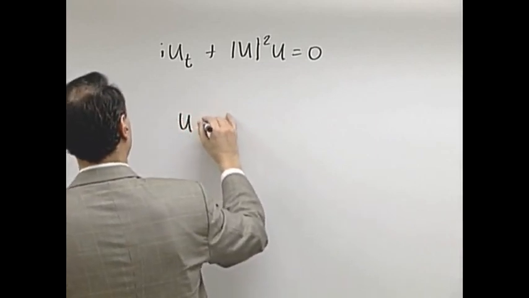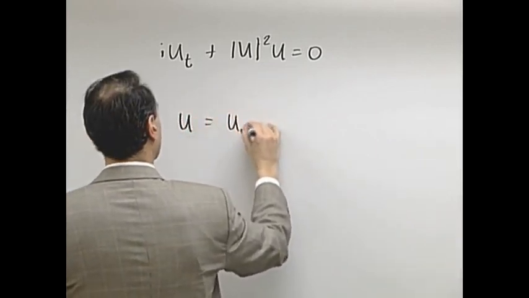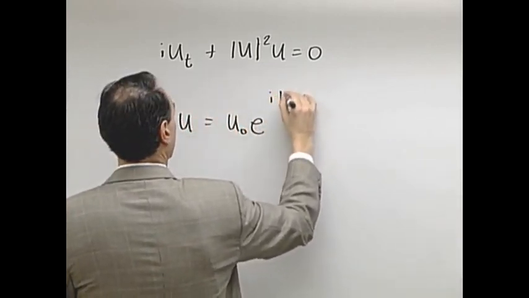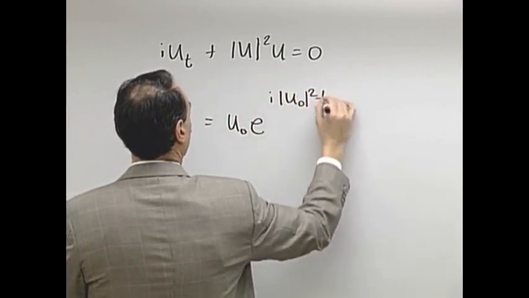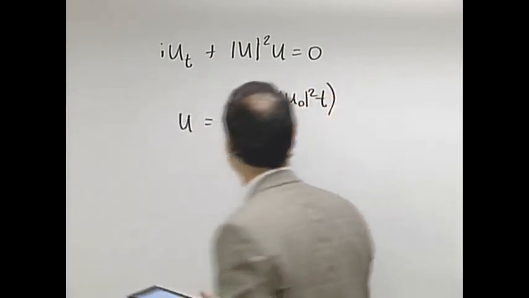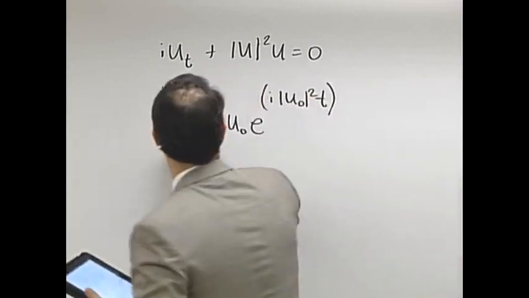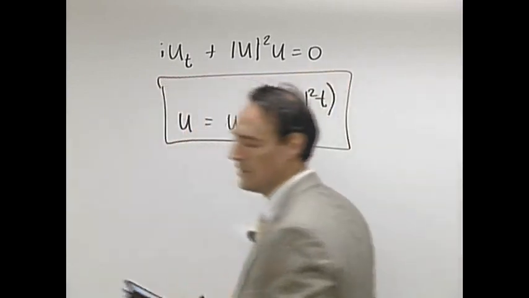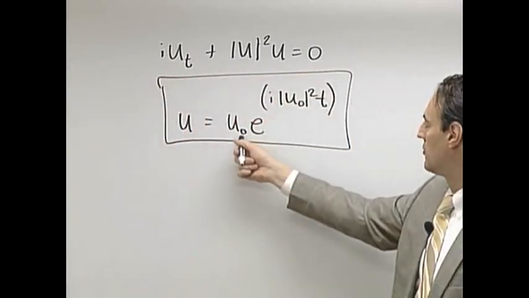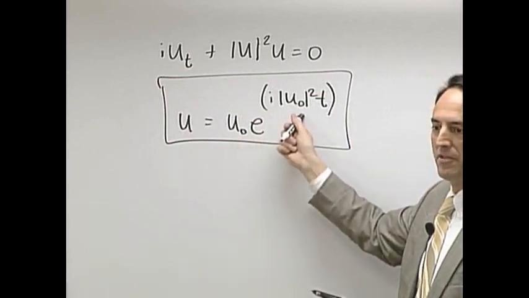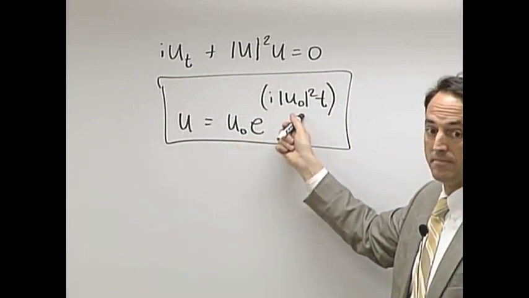Let me write it down for you. There's its solution. Pretty nice. Give it the initial value, multiply by this phase factor, done.